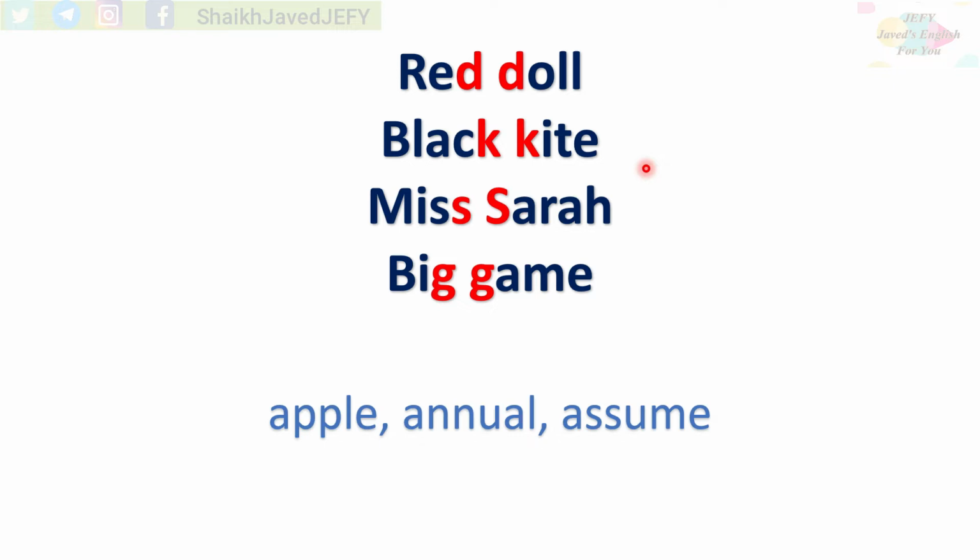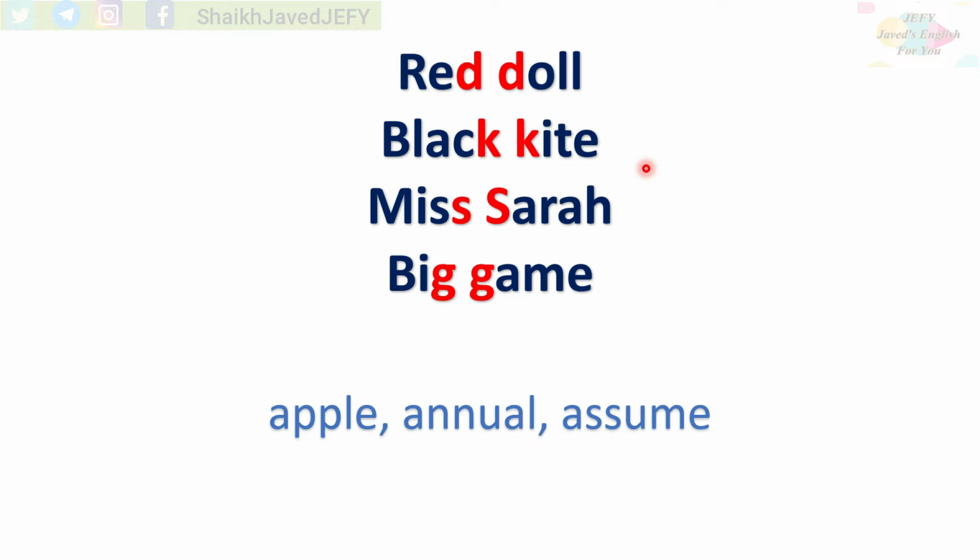You do not have to stop there. What you have to do is mix these two words into one another. You have to say black kite, black kite. That way you sound more native, more English, more fluent.